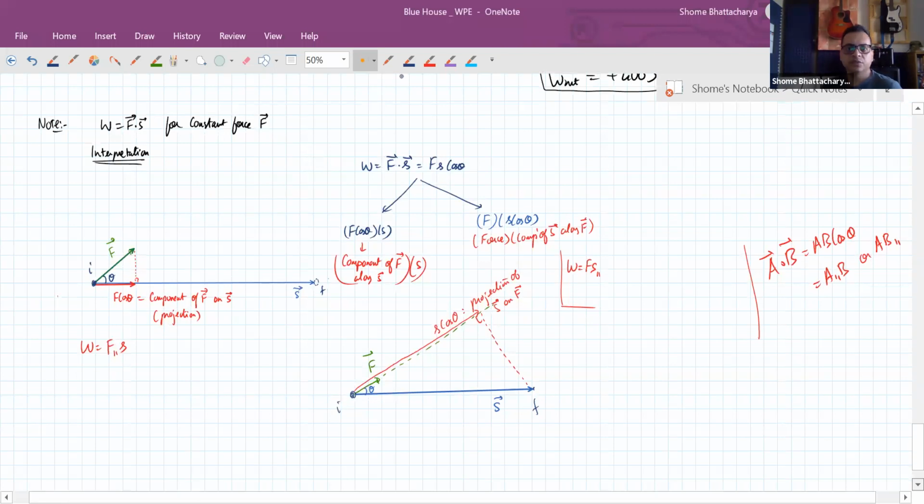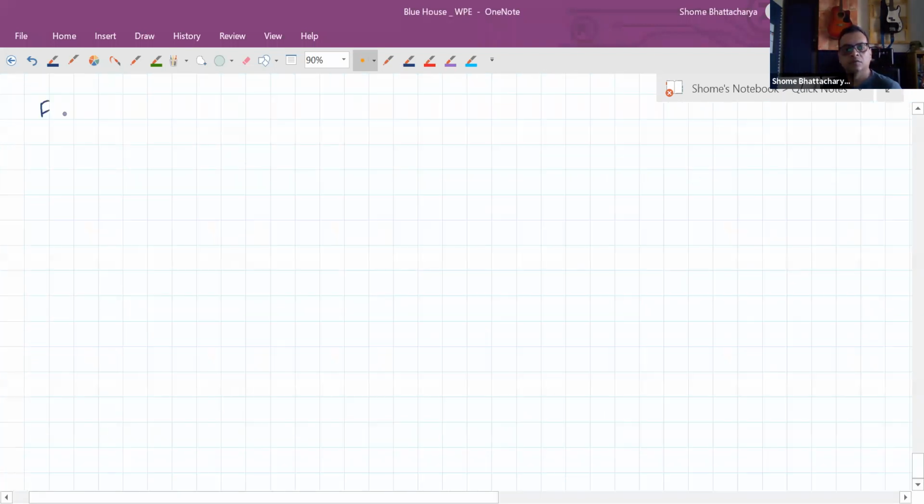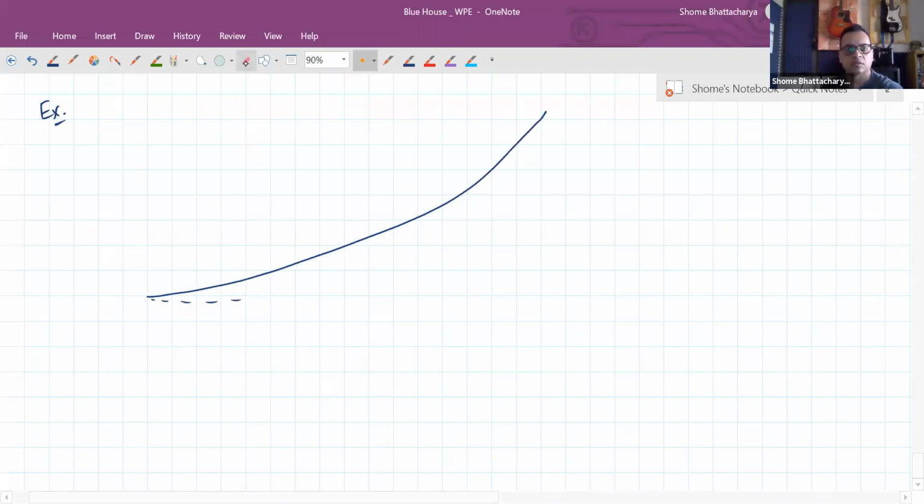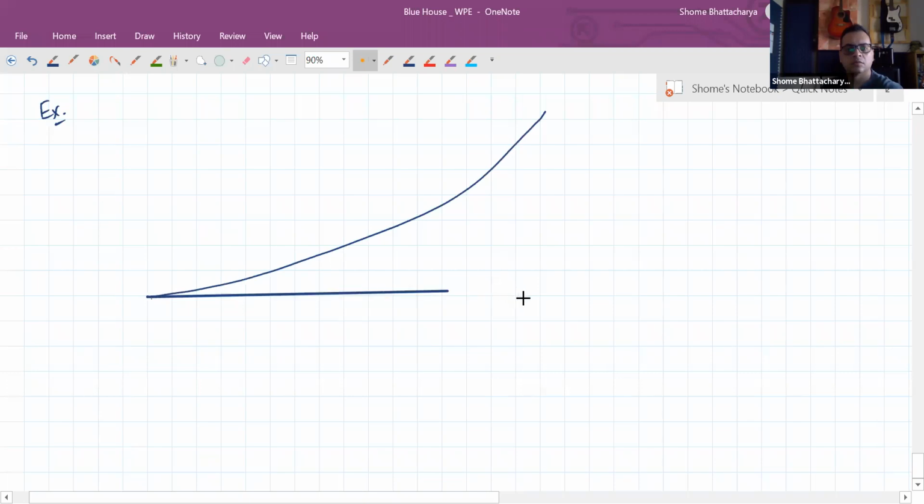Now next we'll see a very interesting situation. We'll see a situation where we have a particle sliding down a slope like this. It is going to be a frictionless surface, but such that the angle of inclination is not fixed.